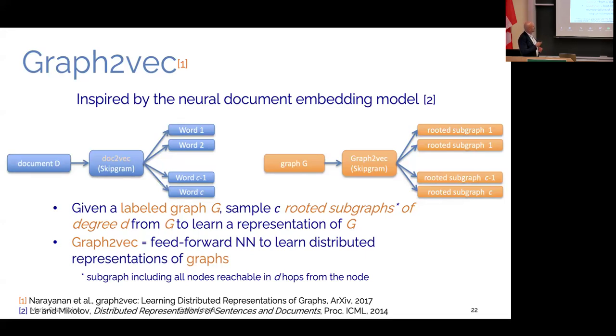So the idea was to substitute this part in a graph using another technique, another technique to represent each part of the graph. So we look at some subgraphs, and using this graph2vec it obtains a representation using the same idea that is behind doc2vec.